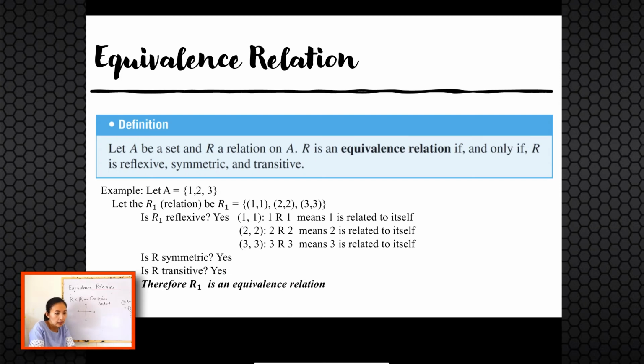Let A be a set and R a relation on set A. R is an equivalence relation if and only if R is reflexive, symmetric, and transitive. Let's look into the example. Let A be the set whose elements are 1, 2, 3.